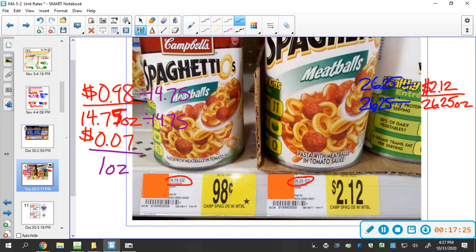And when I do that in my calculator, I figured out what it is. You go ahead and figure out what it is per ounce. Make sure you are writing it as money. So go ahead and do that. And you should have gotten that this one was 8 cents per ounce.